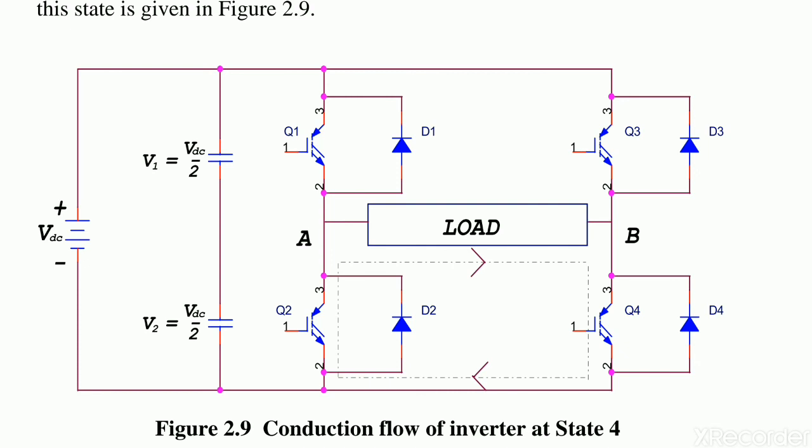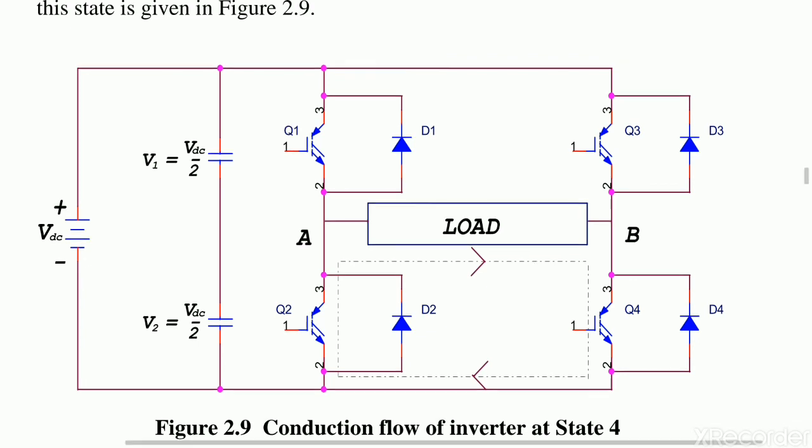The same principle of operation happens in the state 2, only the switches Q1 and Q2 are turned on, and in state 4 Q2 and Q4 are turned on. So the resultant output voltage we will get across the load in the state 1 and state 2 only.